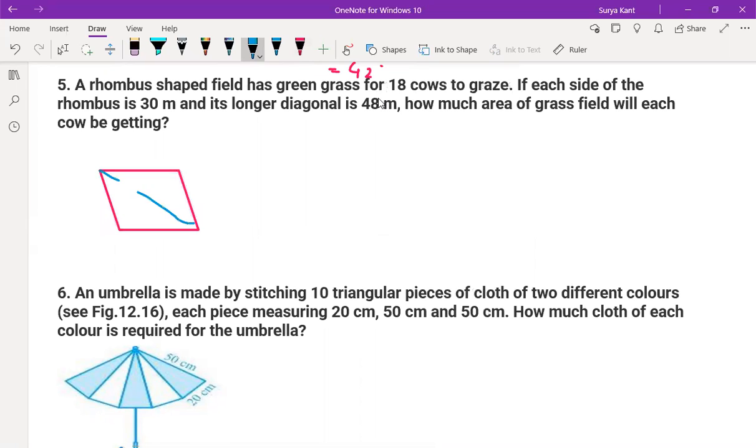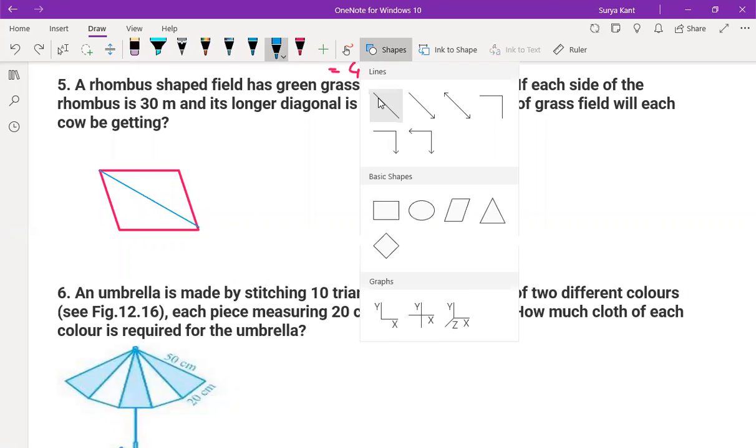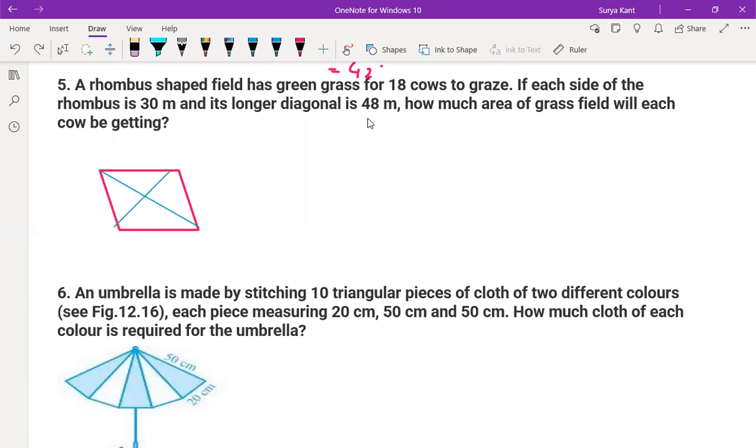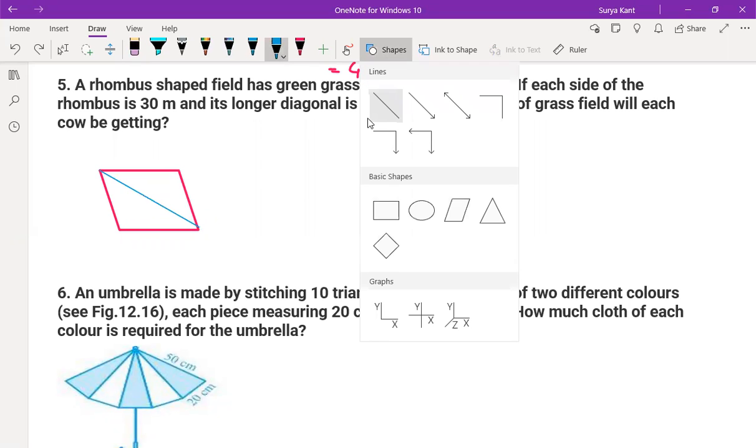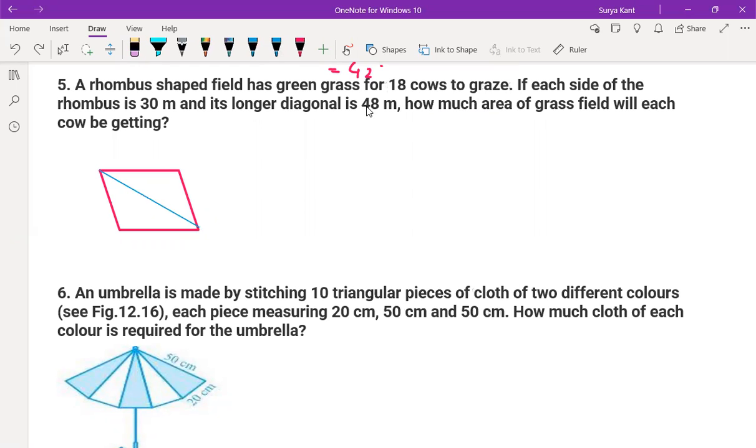Join the lines. Okay, fine. So here they have given all sides are 30.